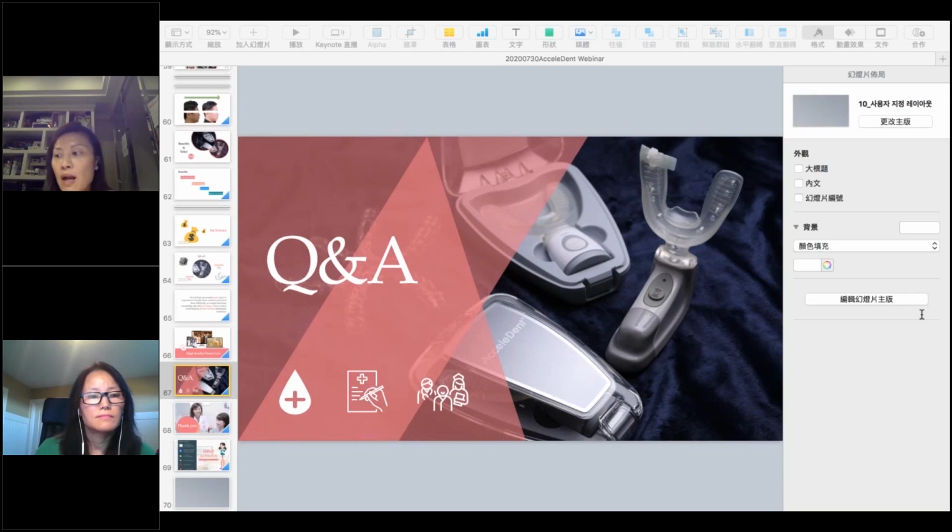Because with Propel, I don't have the information at hand, but I believe that the force level and the vibration is a lot higher than the AcceleDent device. But it's always good to give it a try because it's only 5 minutes.